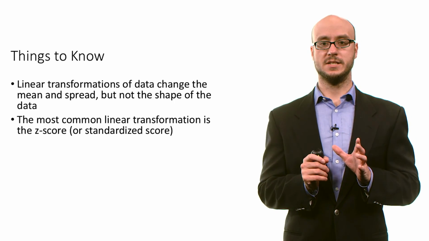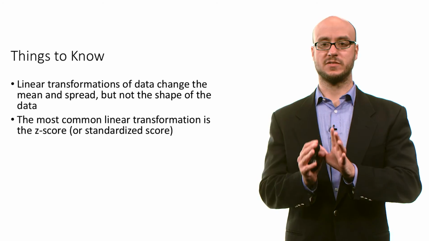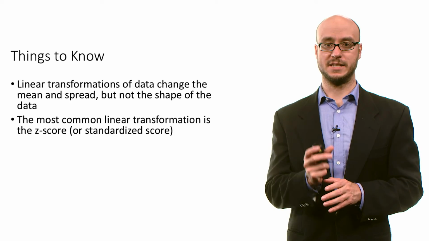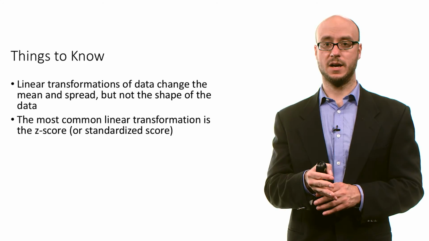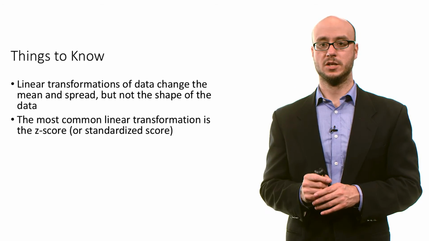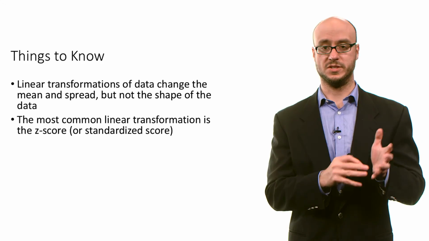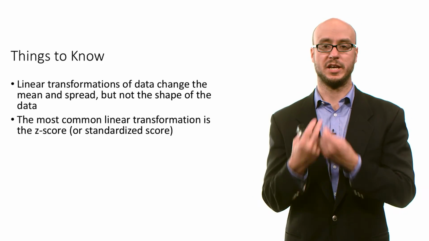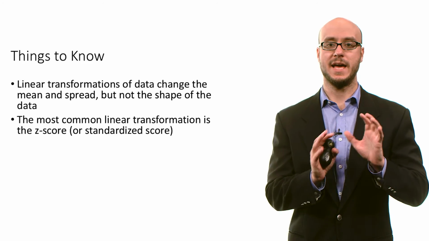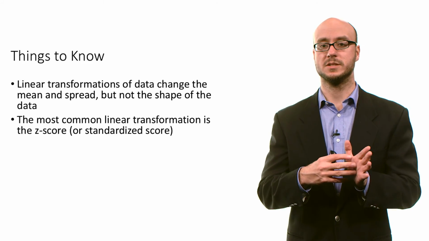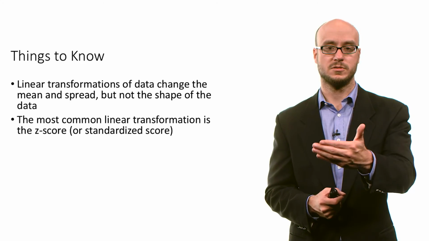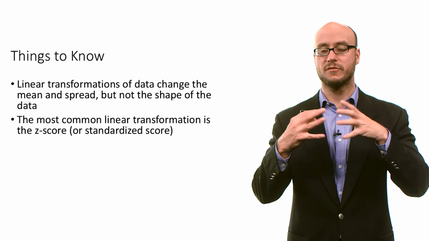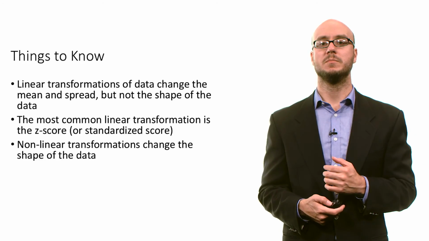When you change some x variable to a z-score, the z-score has this nice property of having a mean of 0 and a standard deviation of 1. So your x variable, when transformed to z-scores, tells you how many deviations above or below the mean a particular score is. So we saw with ACT and SAT scores that one student was 2 standard deviations above the mean and another student was 1 standard deviation below the mean. So we can compare these 2 different values on the same distribution.